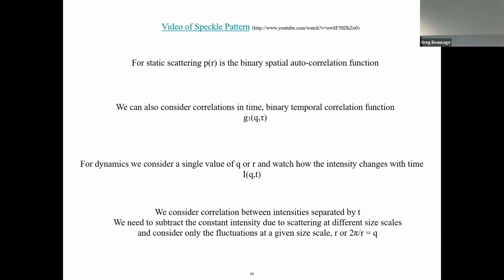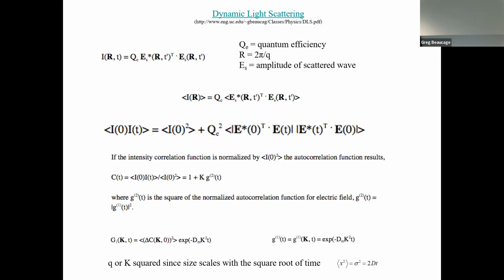So there are three versions of this. This is my version. I think the Russo one's better because this one comes from a book, and it's too complicated actually. It's the same thing. So it's the correlation function for the intensity. And then these are the electric field waves.